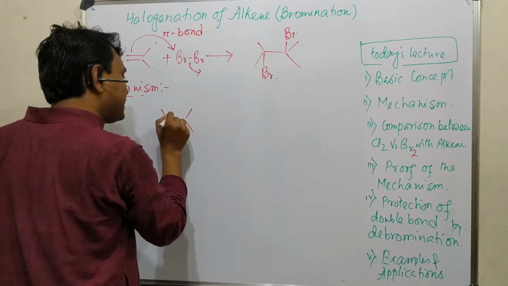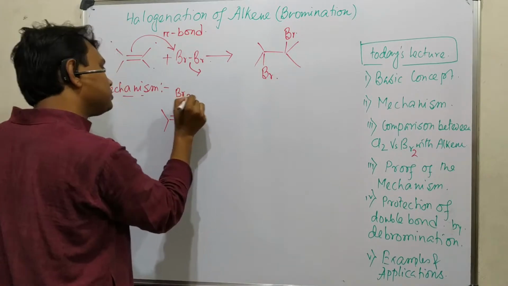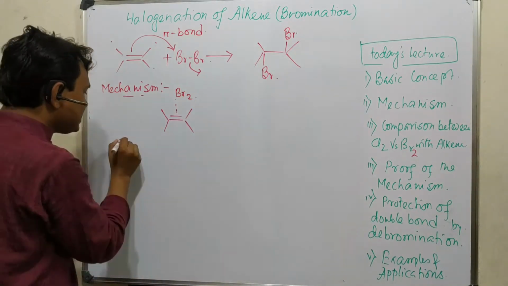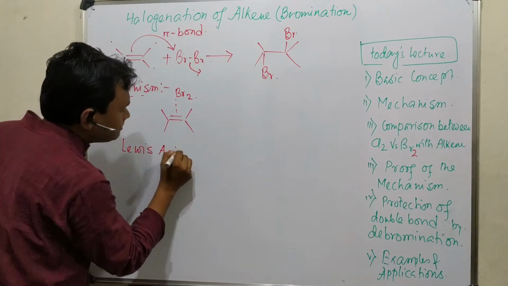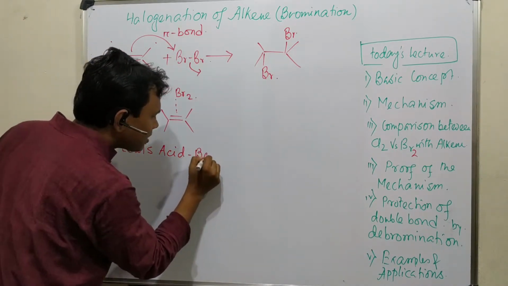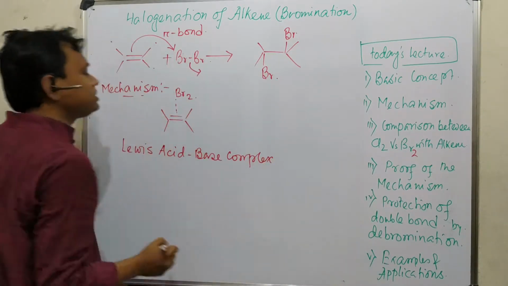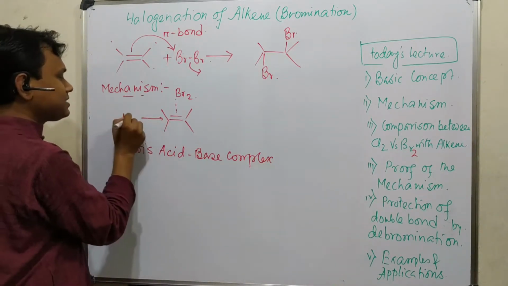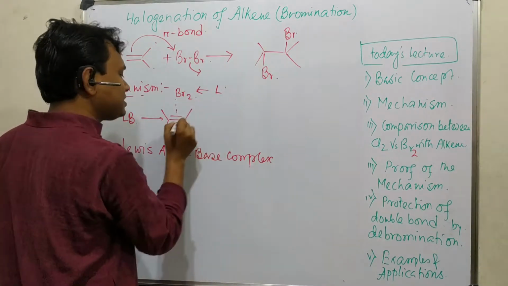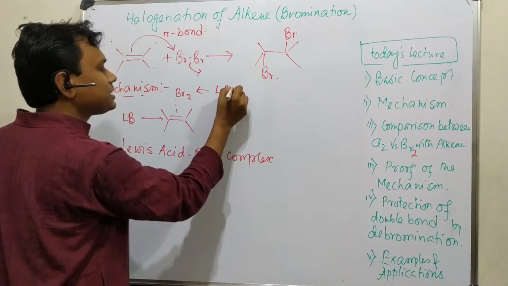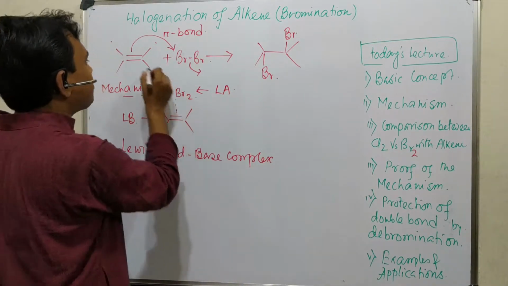So we can think in this way: this Br2 is just a Lewis acid-base complex. The double bond is the Lewis base and Br is the Lewis acid. After that there is this reaction.